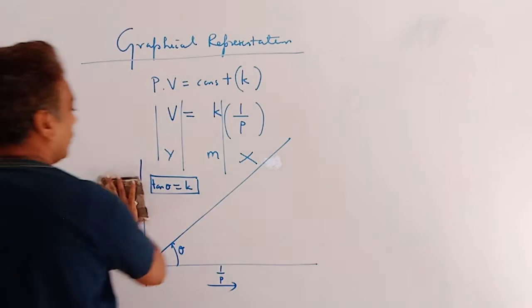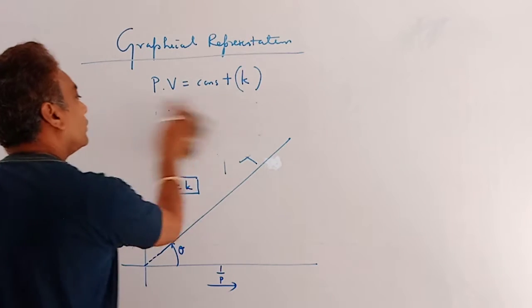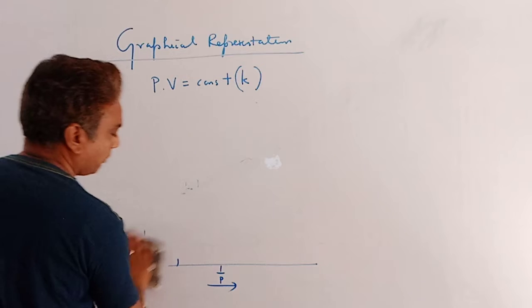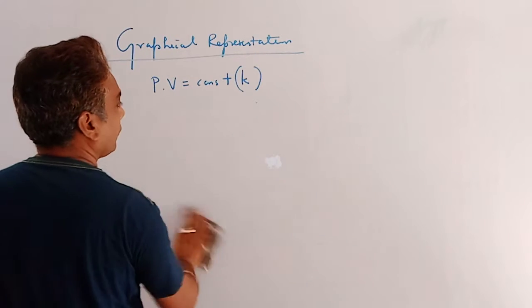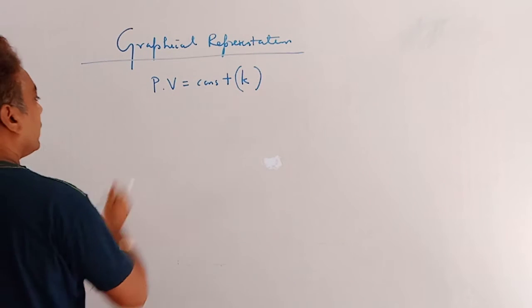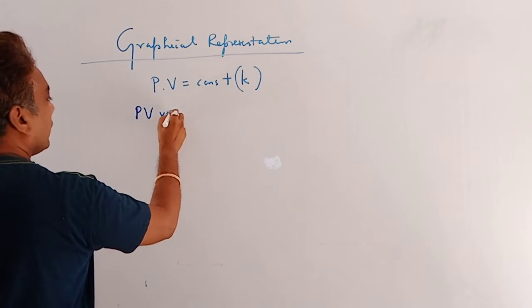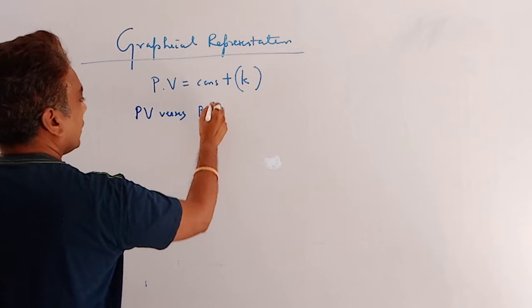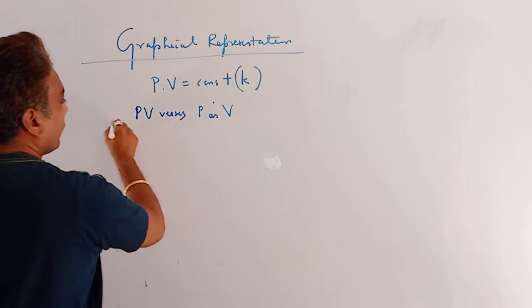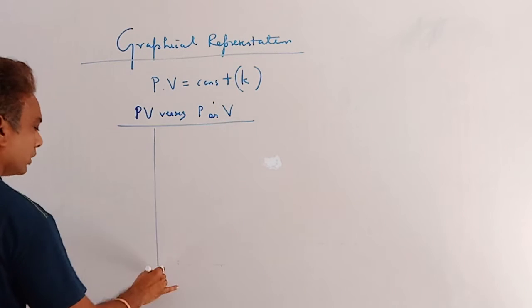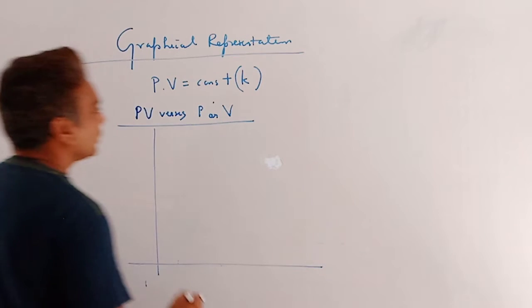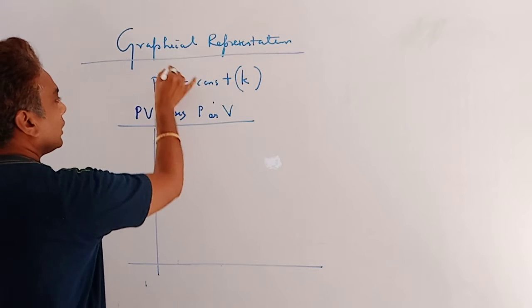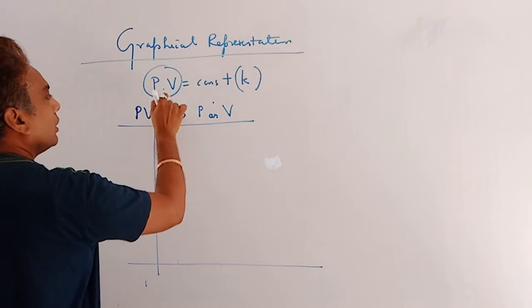Now one more graph, PV versus P or V. It is also a straight line parallel to x-axis. Since PV is equal to constant, whole PV is the variable.